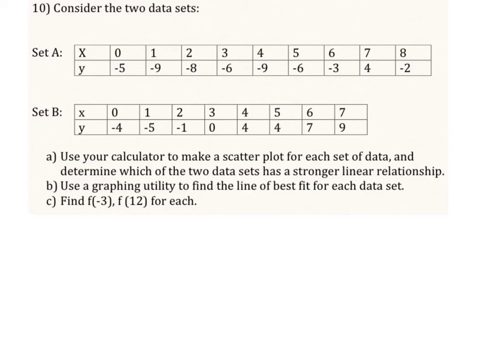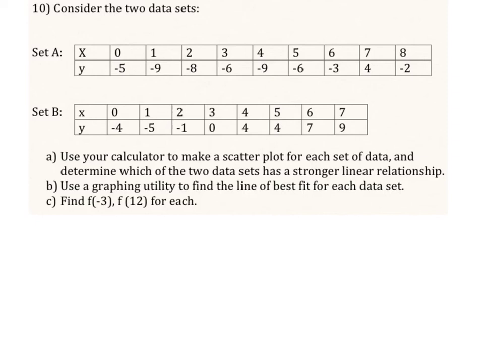So I have 0 through 8, and then in L2 I was starting with negative 5. Okay, so as long as your 8 and negative 2 lines up, you should be good to go.